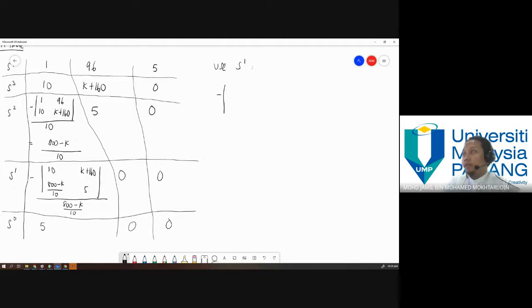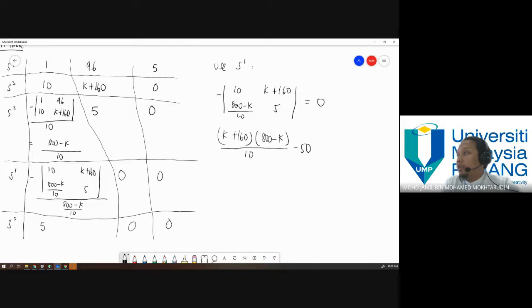So we'll have equals 0. And then simplify this. So we get K plus 160 times 800 minus K over 10 minus 50 equals 0.